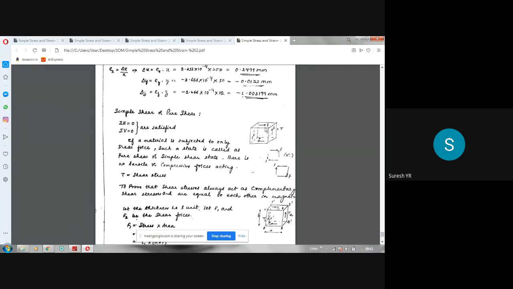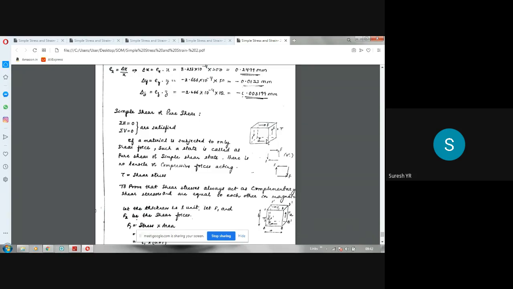So the top and bottom shear forces create a clockwise couple, and the left and right side shear forces create an anti-clockwise couple. They are equal, so that the block will be in equilibrium.